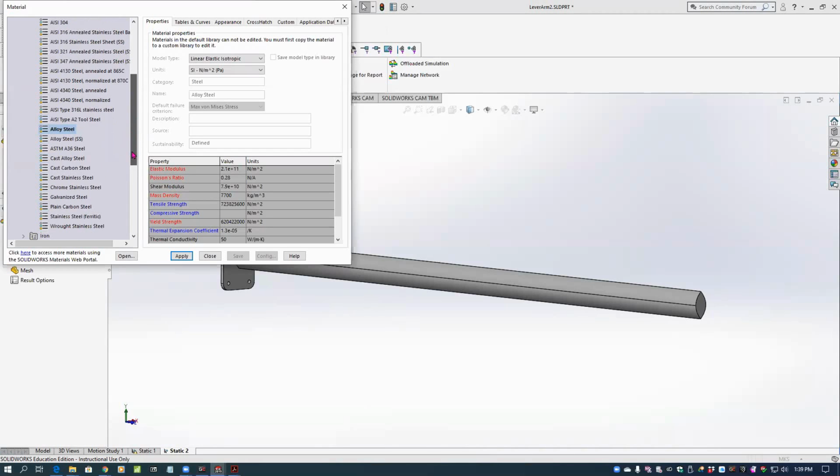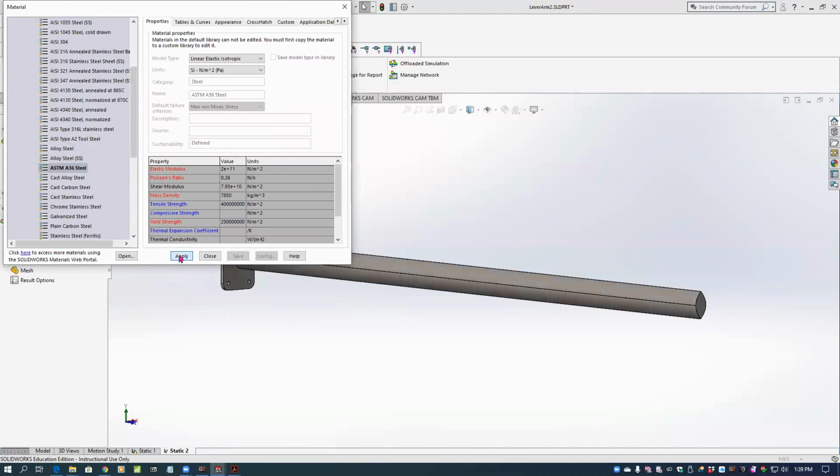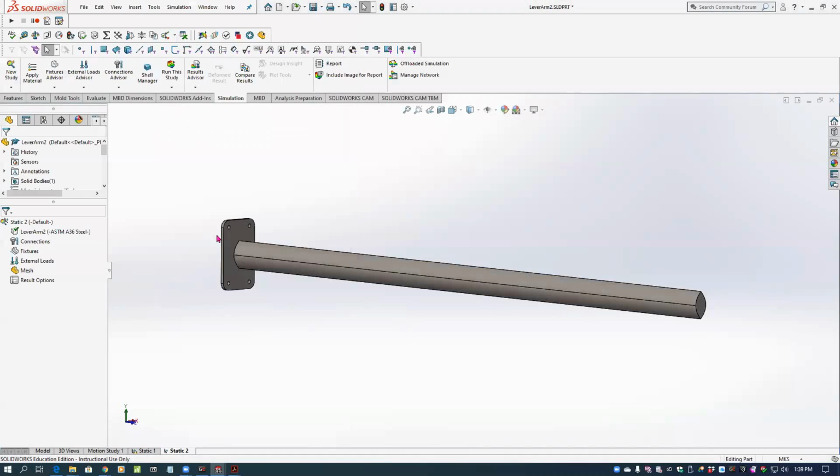Thought it was in here. Don't see it right now. Steel. Oh, there, right there. We'll apply that and then close.